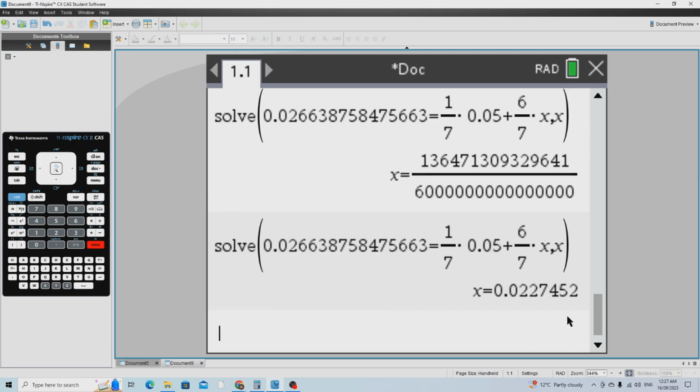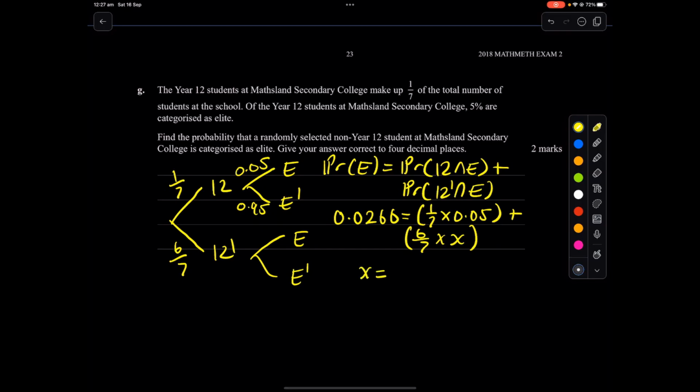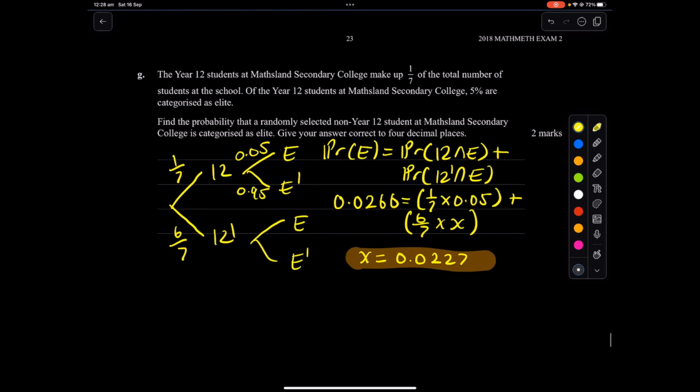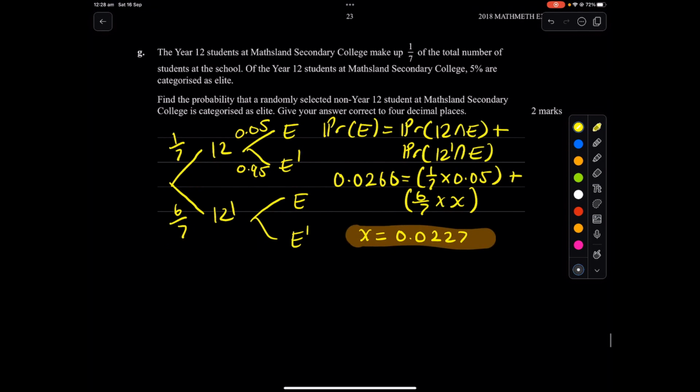The x value is this, so that's your probability. So x should be, to four decimal places, 0.0227. Yeah, that's that. Is that right? So the probability that a randomly selected non-Year 12 student at Mathsline College is categorized as elite.